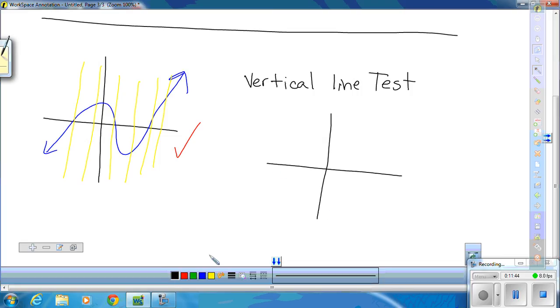But if I have a graph and I can draw a vertical line through it and it touches the graph in more than one spot, that fails the vertical line test. And so this one is not a function. So the vertical line test is how we test the graphs for that.